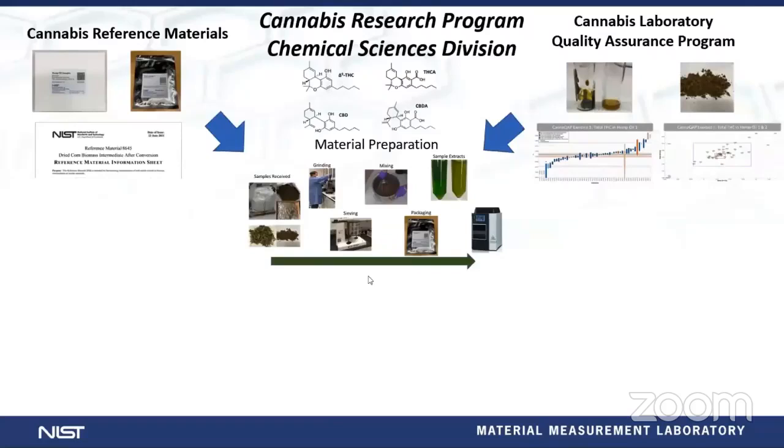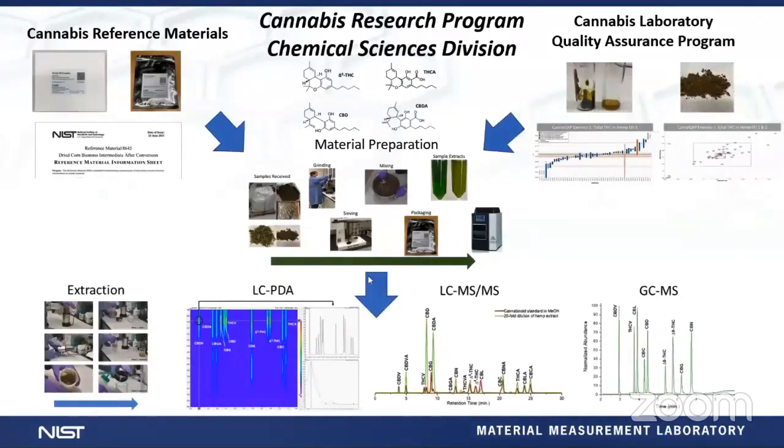These materials are ground, sieved, and mixed to ensure homogeneity across the entire lot, and packaged. Before any samples are shipped out from NIST, because we have to ensure that we're shipping hemp samples that are below the 0.3% threshold, we have to do sample analysis on them, which involves some type of extraction process. And then generally we use LC-PDA for the screening of these samples.